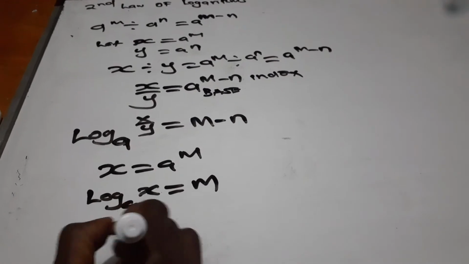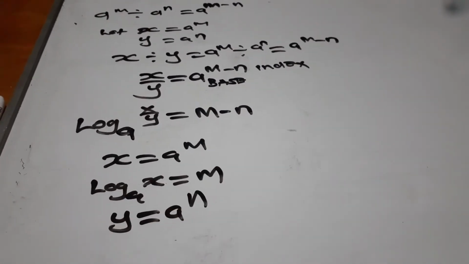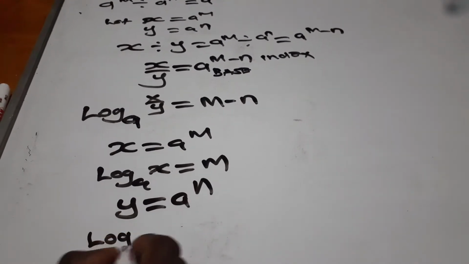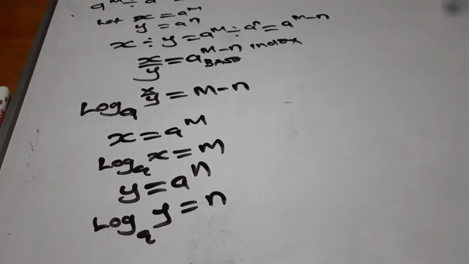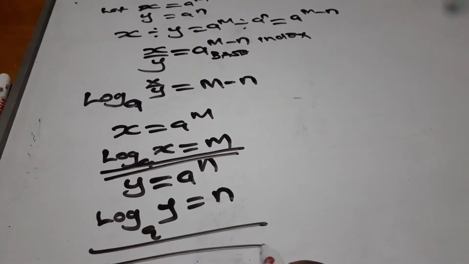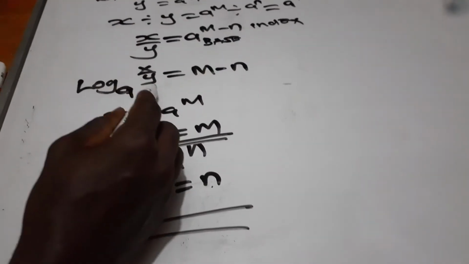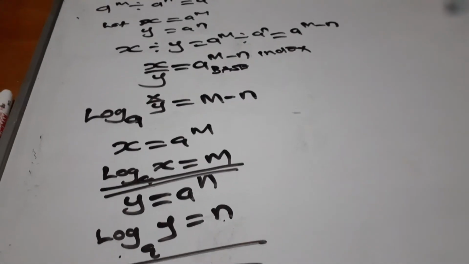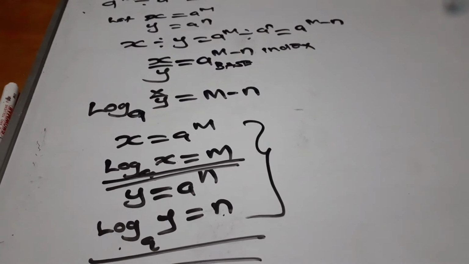And we said also y is equal to a raised to power n. When writing to logarithm, it will be log of y to base a is equal to n. So n is equivalent to this and m is equivalent to this. When you come back to here, we're going to use these two equations.